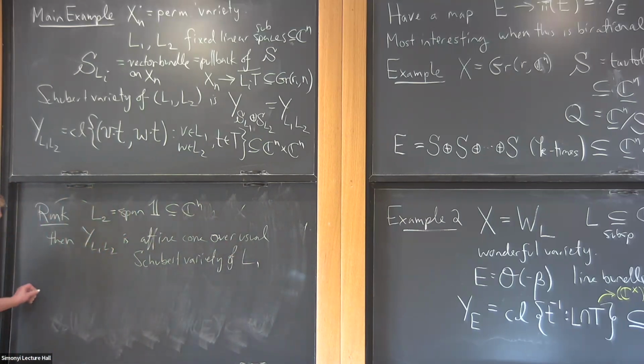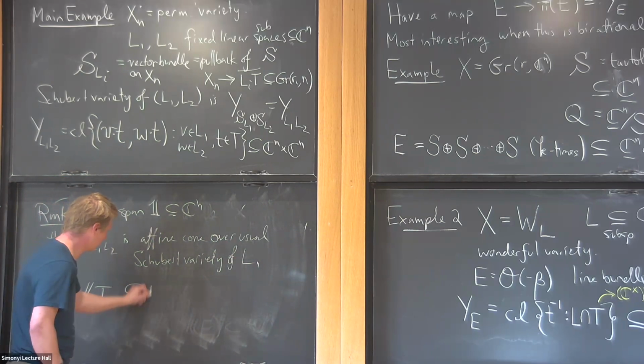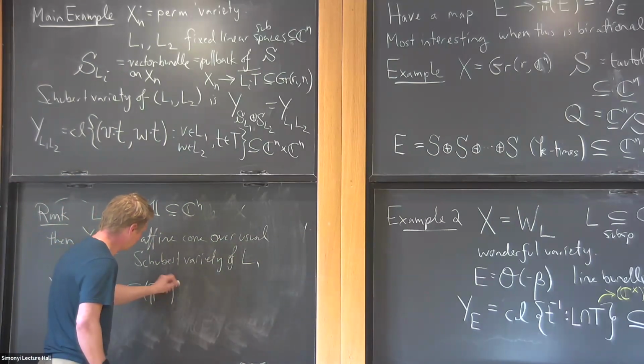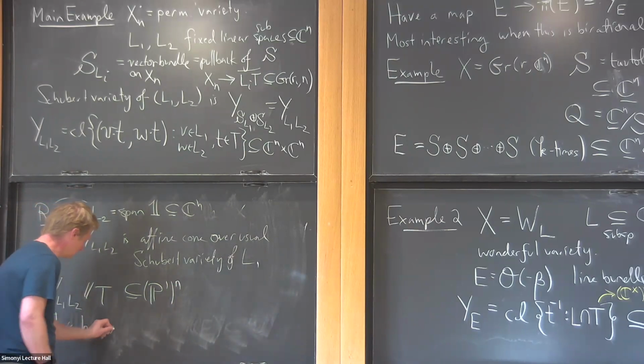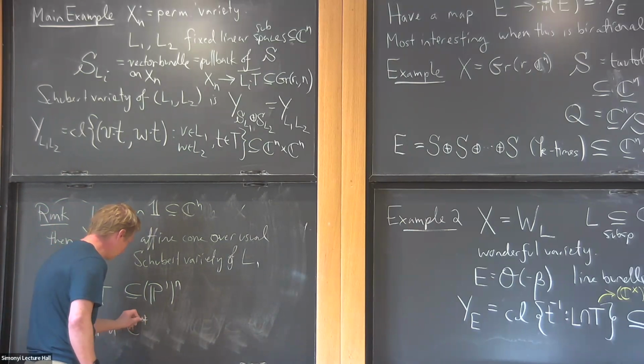So in particular, you can ask the following question. If you were to quotient this variety by the natural torus action that it has by the n-torus, then this gives you a subvariety of (P^1)^n. And because I know that people have been thinking about this kind of thing lately, this has a C star action.